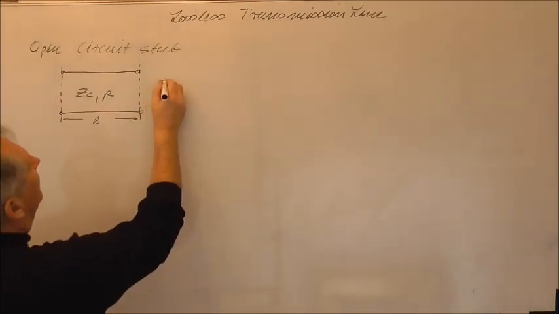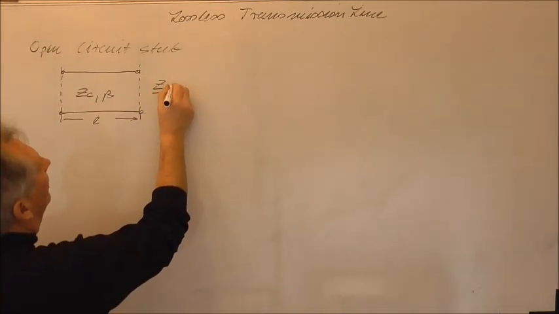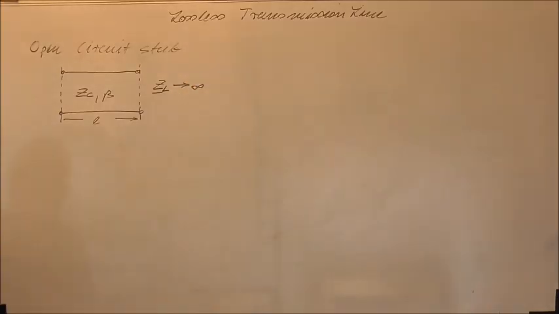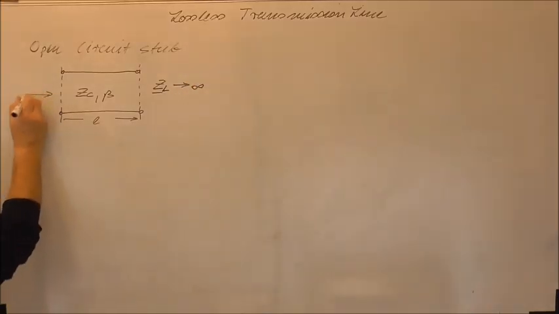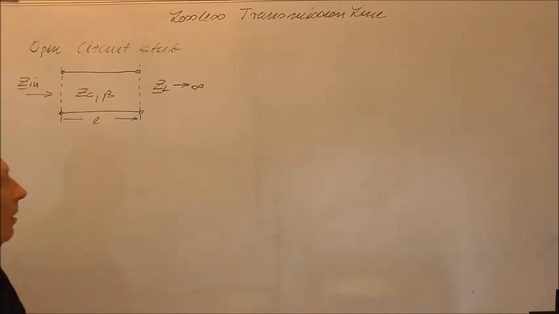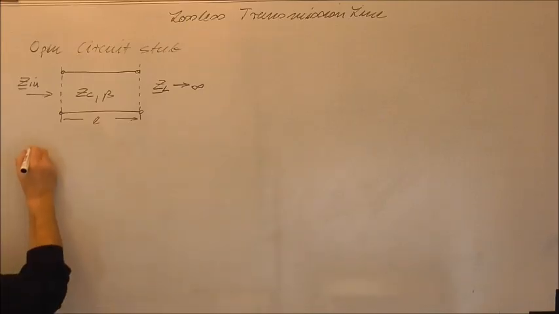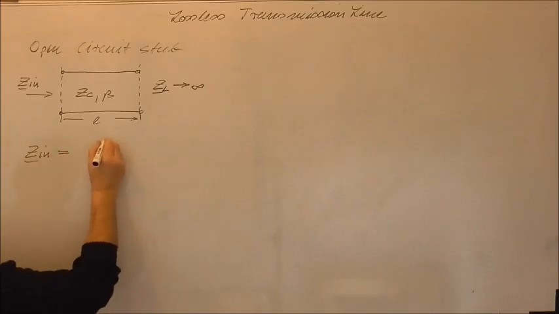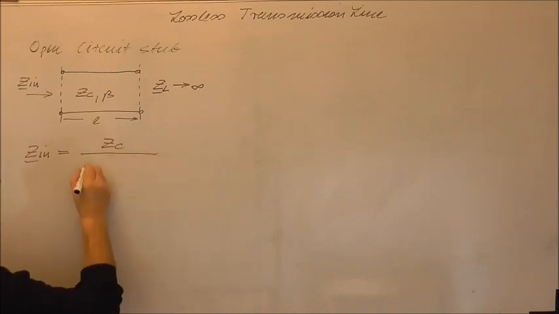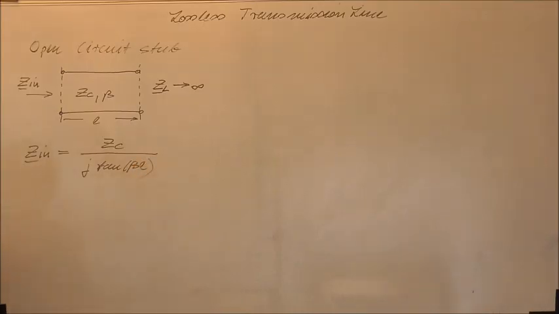Open circuit means that now in our case set L tends to infinity, and if I now again calculate the input impedance of this transmission line, where I let set L tend to infinity, we will get that the input impedance will be equal to Z_C divided by j tangent beta L, or we can rewrite it like this.